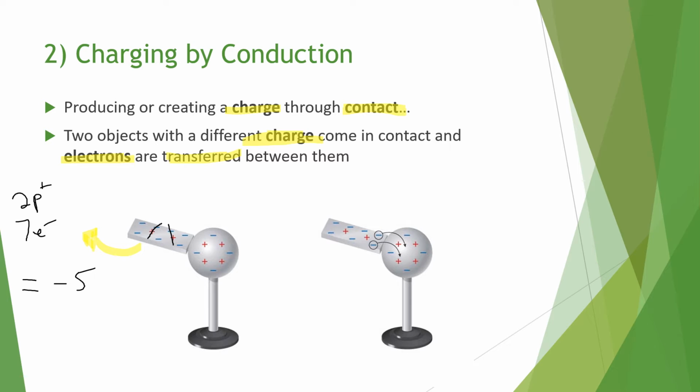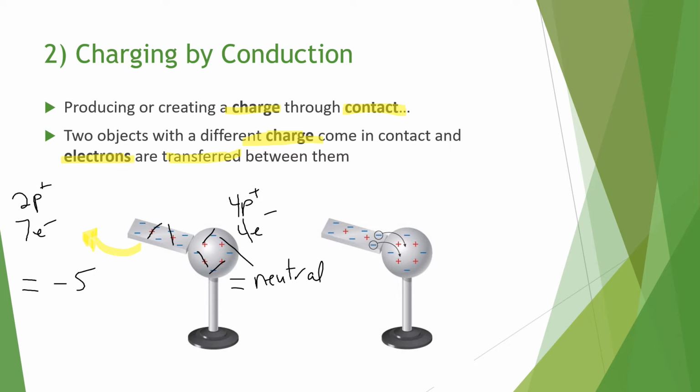The metal ball started out as neutral, so it looks like we have 4 protons and 4 electrons here. So we know those cancel out. We're left with a neutral charge. Okay, so that is a negatively charged object coming and touching, making contact with a neutral object.